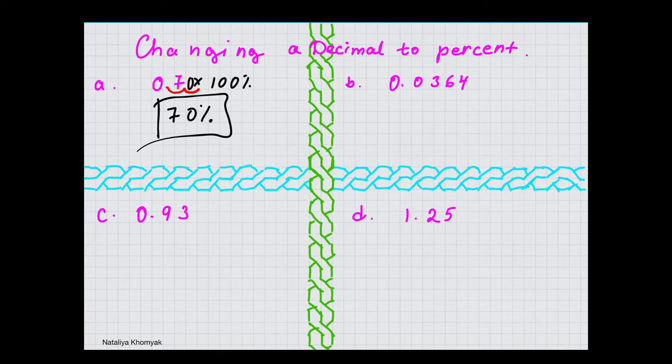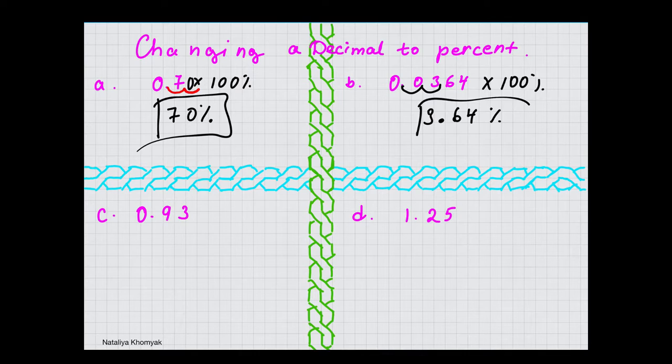In B, we have 0.0364. The procedure is the same. You just multiply by 100%. So we take this decimal, move it twice, and we get 3.64%.